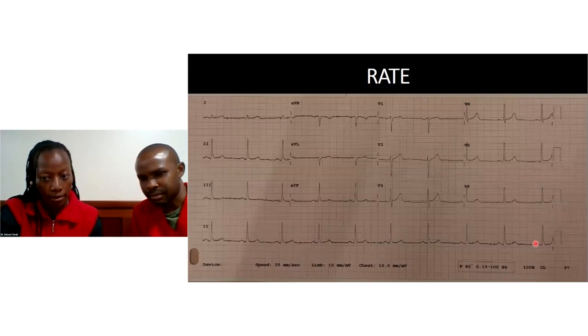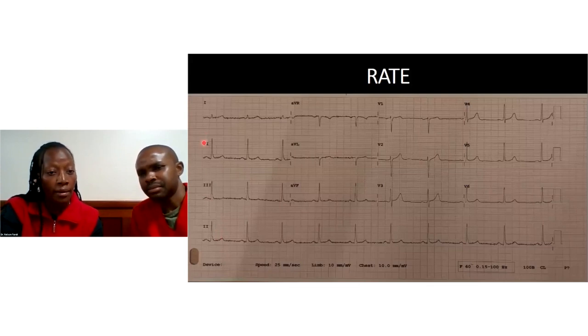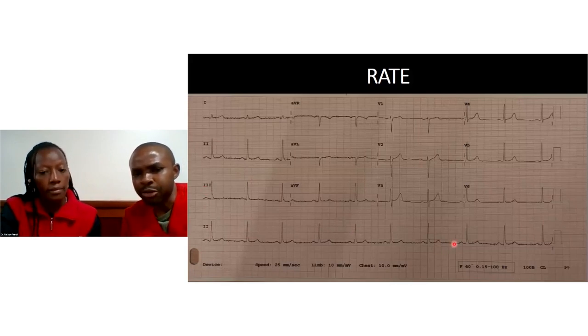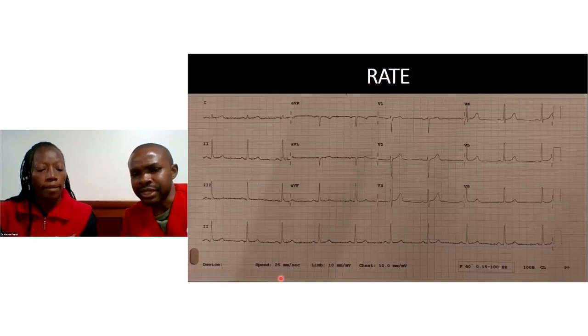In terms of the y-axis, this is about millimeters per millivolt, and it traces at 10 millimeters per millivolt. No, that is the y, and that's the x. Yes. So for example, in this tracing, it means the machine was set at 25, and that's for the speed. Yes. And the voltage was set at 10 millimeters per millivolt.